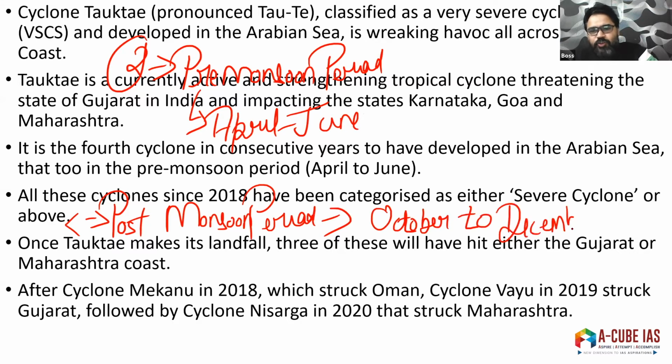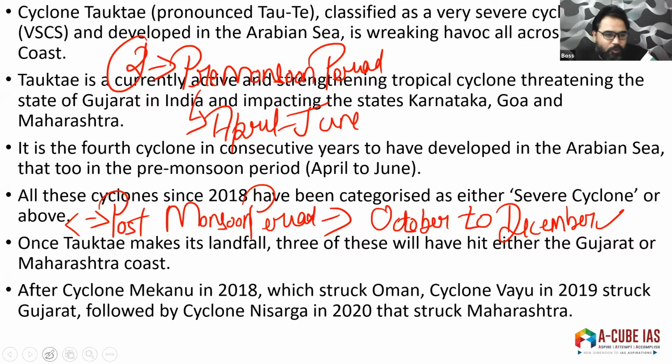These are the two durations where we see the development of cyclones. So I'm saying that it is the fourth cyclone in the last 4 years consecutively that has developed in the Arabian Sea, and that too in the pre-monsoon period.